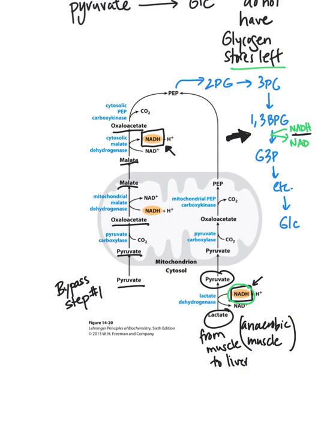So one student pointed out, are you telling me gluconeogenesis is 13 steps and glycolysis is 10 steps? And yeah, you could look at it that way, because bypass step 1 has 3 reactions to it. So gluconeogenesis, we could look at as 13 reactions, and glycolysis has 10.